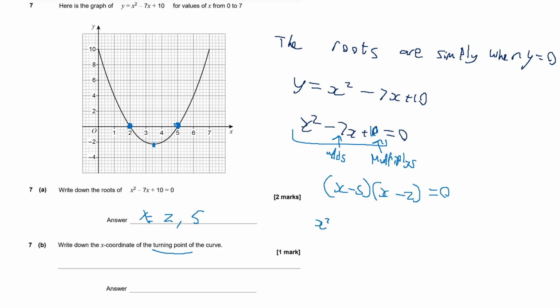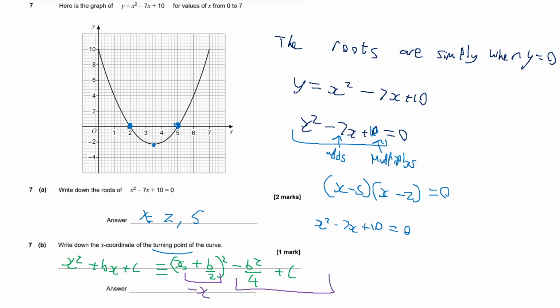If you remember, completing the square tells us that x squared plus bx plus c is identical to x plus b over 2 all squared minus b squared over 4 plus c, where this will be the minus x of the turning point and this will be the y.